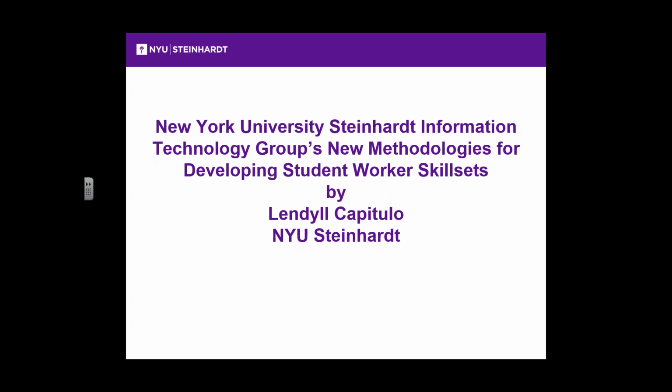Do you do student worker evaluations? Yeah. So the student worker evaluations are somewhat of an informal process. They do self-evaluations. They have a self-evaluation worksheet, and then we meet with them to discuss what they think their semester looked like. So we do them on a semester basis.